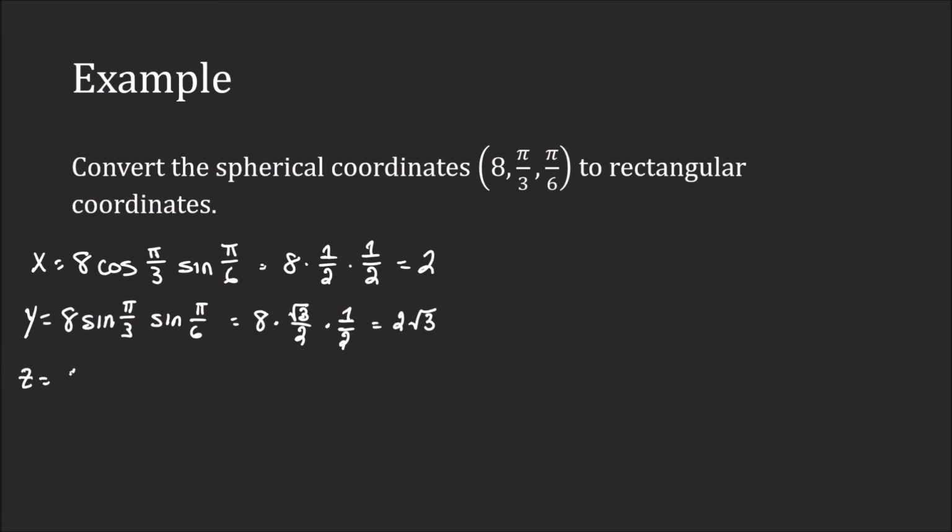Finally, z is rho cosine of phi. So we have 8 times cosine of pi over 6, which is root 3 over 2.